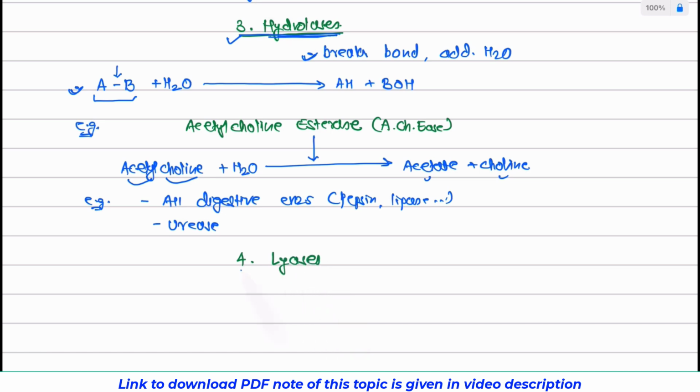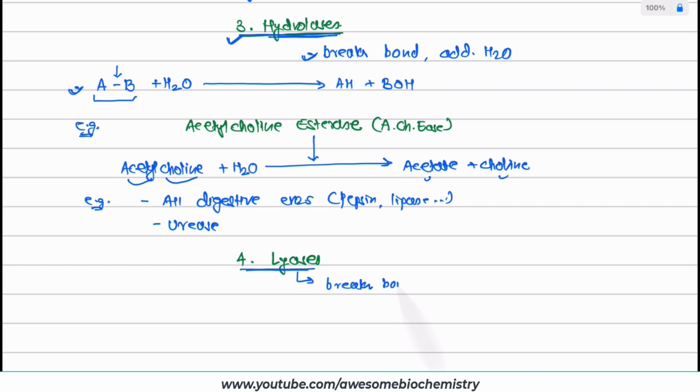This class of enzyme is similar to hydrolases, but there is no requirement of water. So we can say lyases also break bonds, but water is not required. Let's say, for example, we have one compound in which A and B groups are bonded with each other.